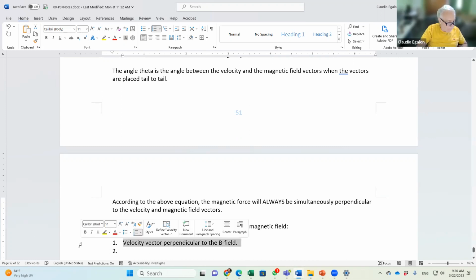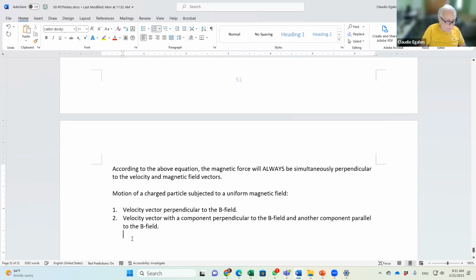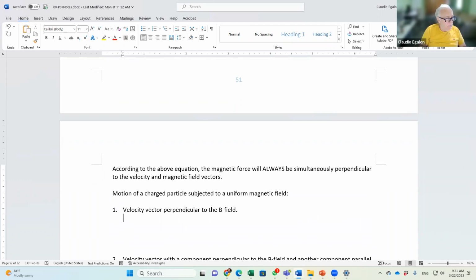Second, velocity vector with a component perpendicular to the B field and another component parallel to the B field. So, two cases.